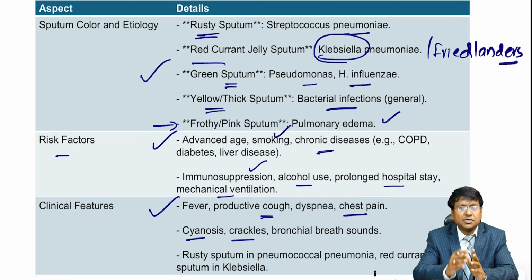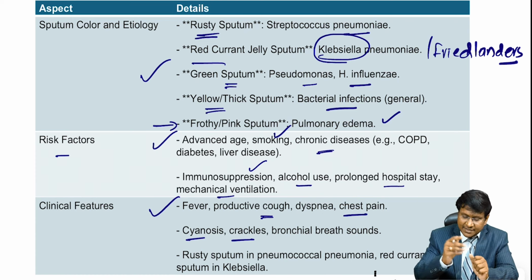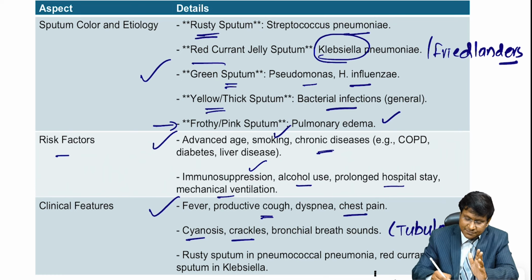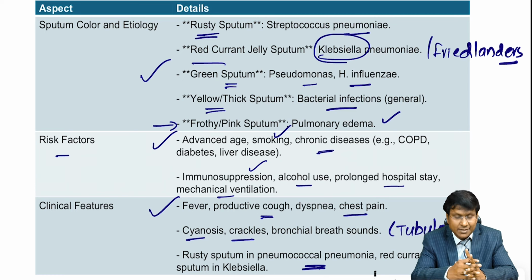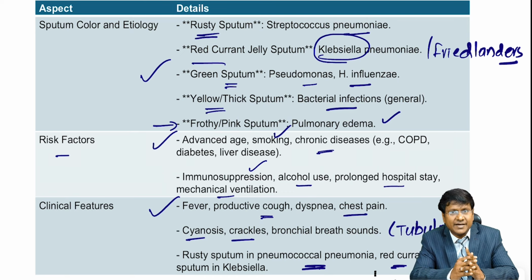Due to the accumulation of fluid within the alveoli, where you have the inflammatory exudate within the alveoli, that will result in the development of crackles. And the type of breath sounds that you will have here is the tubular type of bronchial breath sounds. As I have said, in case of pneumococcal pneumonia it is rusty sputum, whereas in Klebsiella you have red currant jelly.